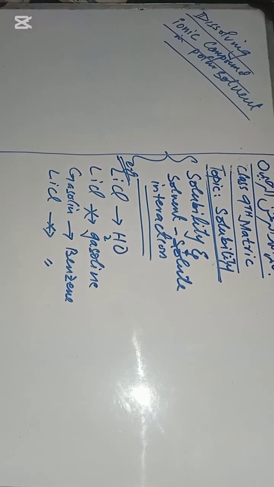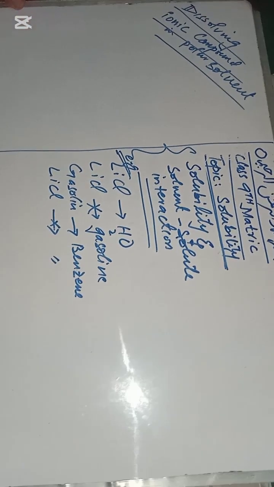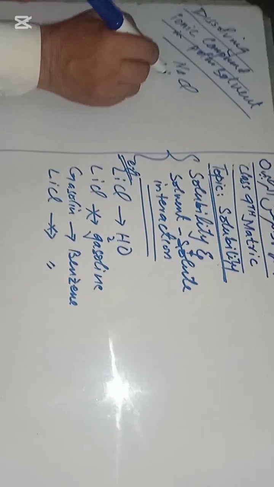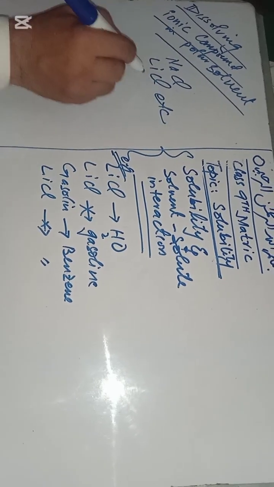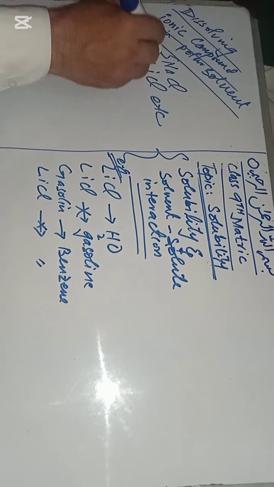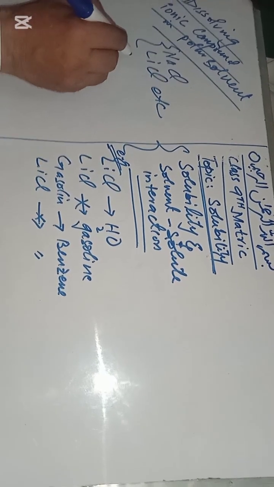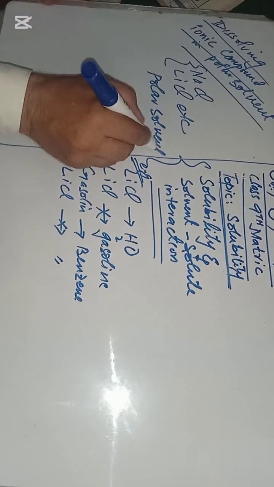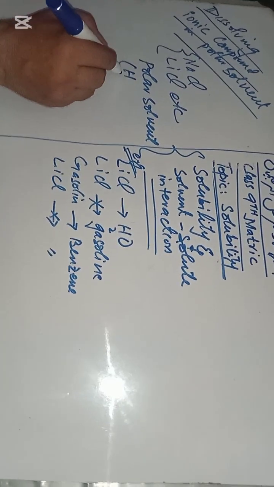How does an ionic compound like sodium chloride, lithium chloride, etc., get dissolved in a polar solvent? An ionic compound can be dissolved in a polar solvent, like what? Like H2O. Clear?